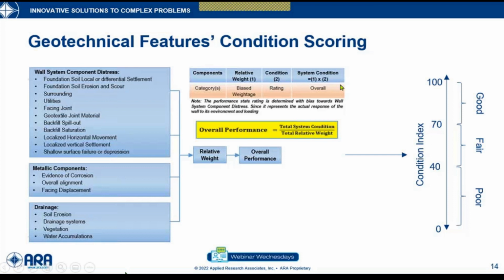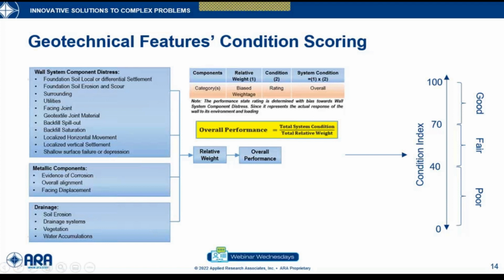Now, the procedures to come up with these weights, for example, here at the top, we're talking about the weight for each condition rating within these 3 boxes. So you come up with a condition rating for box 1, box 2, and 3. You multiply them by weights, and then you divide them by the total relative weights. And that can give you an overall performance measurement that could be on a scale from 0 to 100, for example.